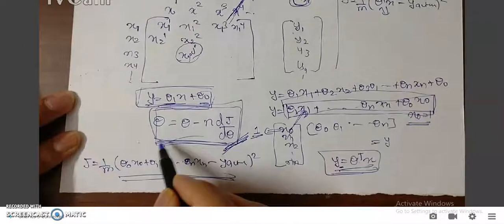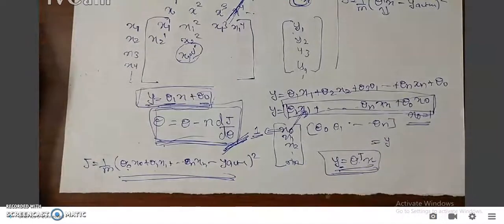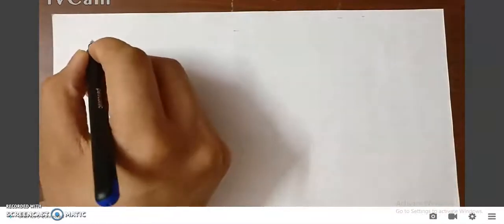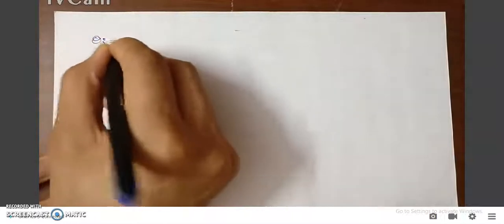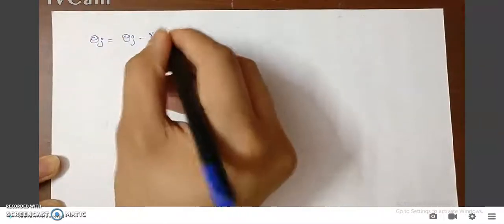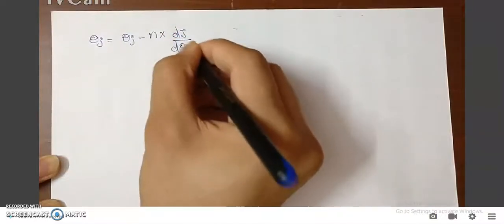Now we need to update every theta: theta naught, theta 1, theta n. We need to update every theta. So what we will be doing is updating theta 1 by 1. For theta j, it would be theta j minus learning rate into differentiation of loss function with respect to theta j.